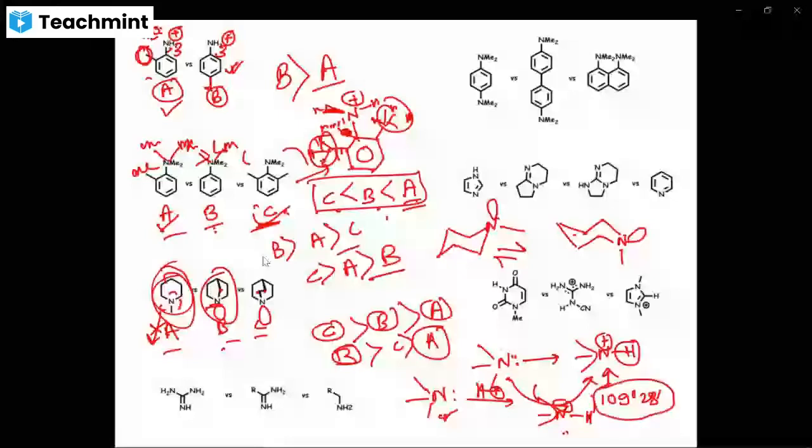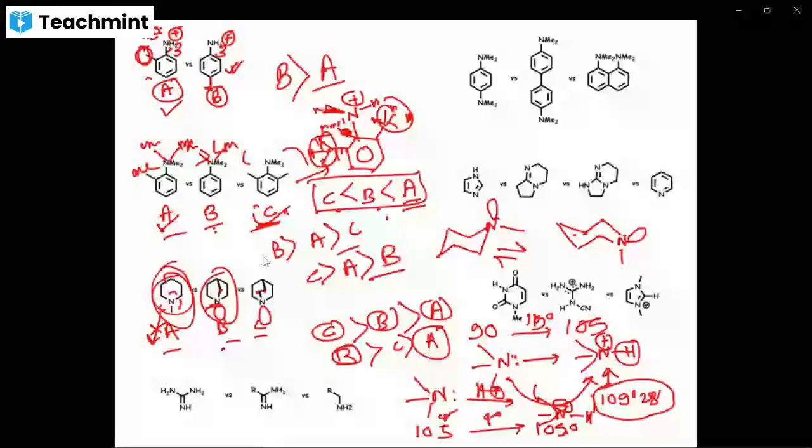Let's say here you have a bond angle of 105 degree, and you go to 109 degree. So there is a change of bond angle of only 4 degree. Now let's say you have a bond angle of 90 degree and you go to 109 degree. Now you have a change of bond angle of 19 degree, right? When you try to change the bond angle more, the system will resist. It will not like to change its angle.